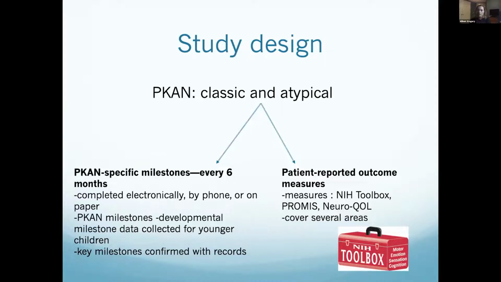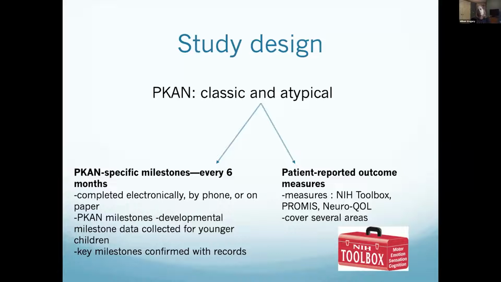So we feel confident that everybody in this cohort does indeed have PKAN. And then we do 2 groups of measurements. One is a set of patient-reported outcome measurements, and the other is a set of PKAN-specific milestones that we've developed ourselves. And I'll explain those in a moment.